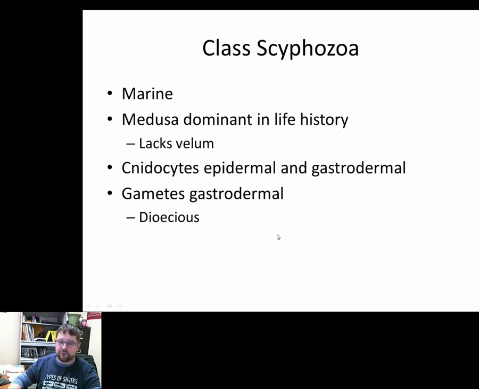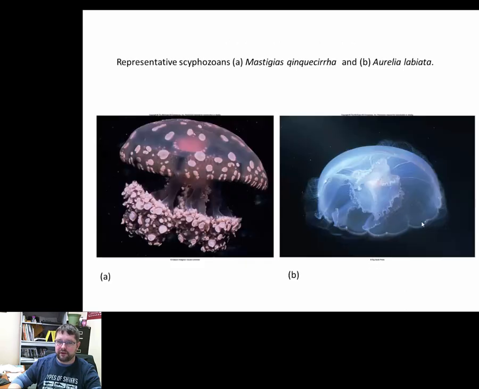Instead of epidermal gametes, they have gastrodermal gametes, so they're produced inside the gastrovascular cavity and then released into the water column. They are dioecious. They have male or female parts. This is a moon jelly, the genus that we looked at in lab.